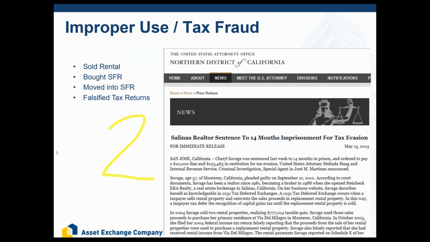Because you have to have a bona fide, legitimate investment intent with that property if you bought it as a 1031. And if you rented it out for 8 months and then moved in, they're going to challenge the investment intent. After 2 years, you're going to be okay. That's a defendable time period. But anything less than 2 years is really hard to defend with the auditors.